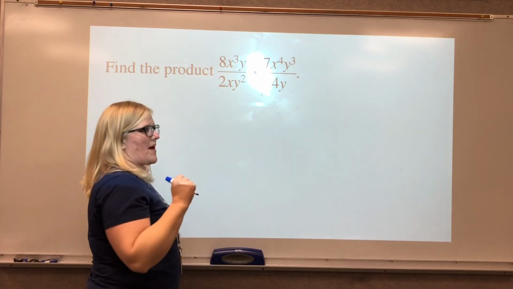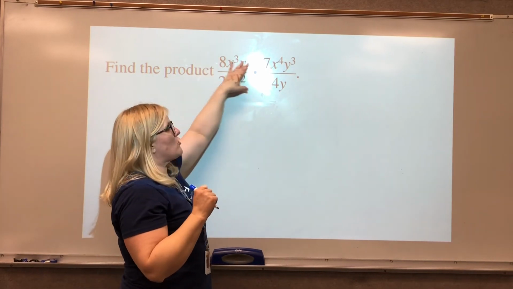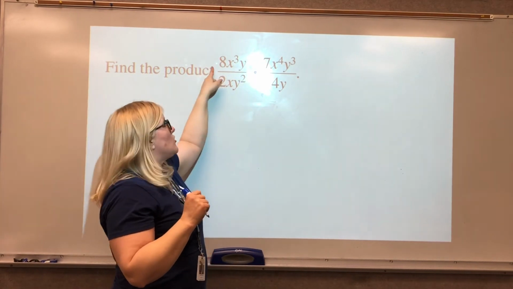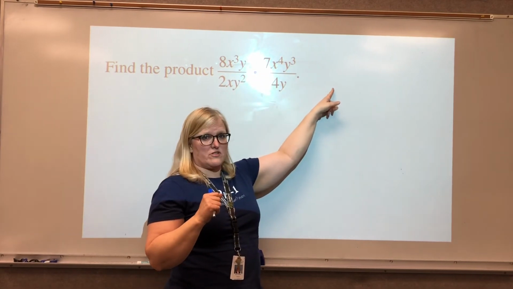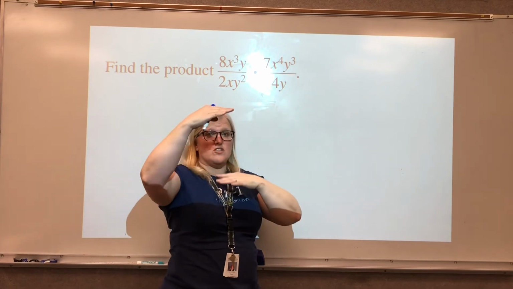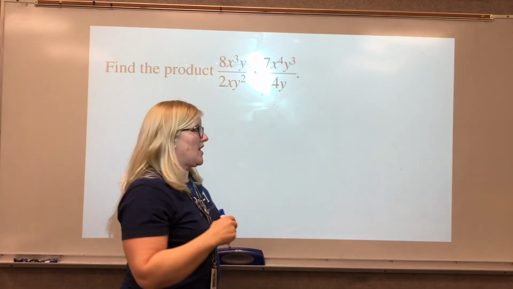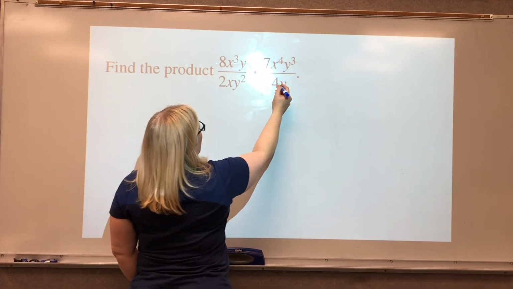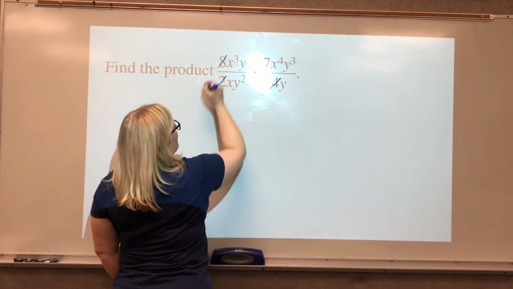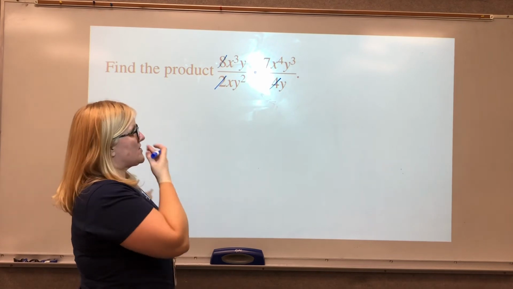Oh, let me back up. Remember that when you're multiplying fractions, you multiply the numerators and you multiply the denominators. Then you cancel things from the numerator and the denominator. So 2 times 4 is 8, and I have an 8 up there. So I can cancel all of those, and I'm left with 7.